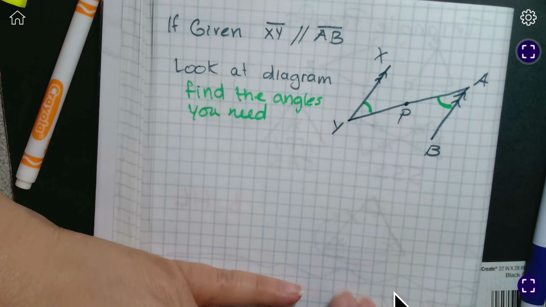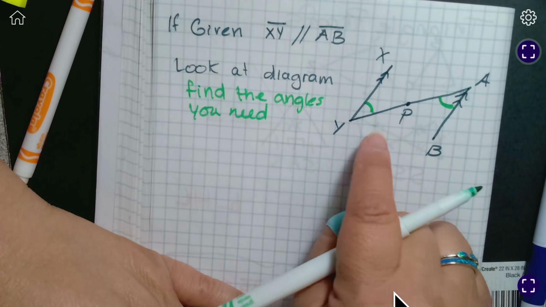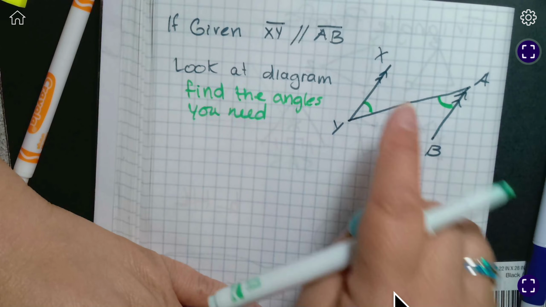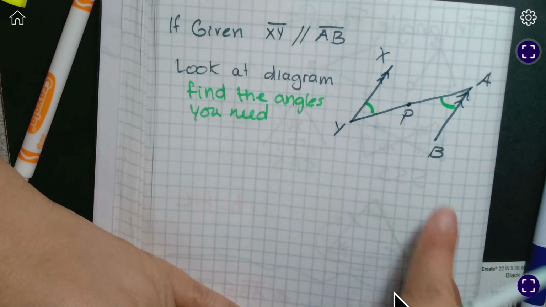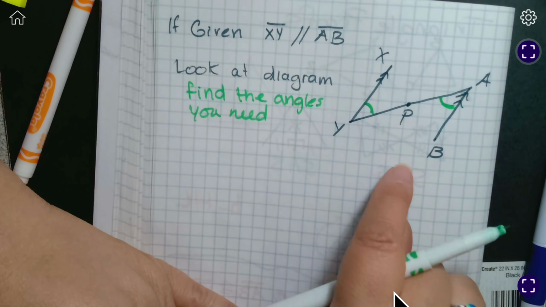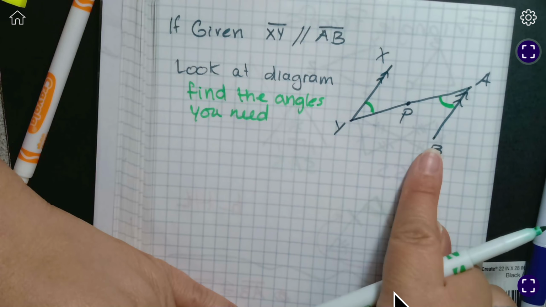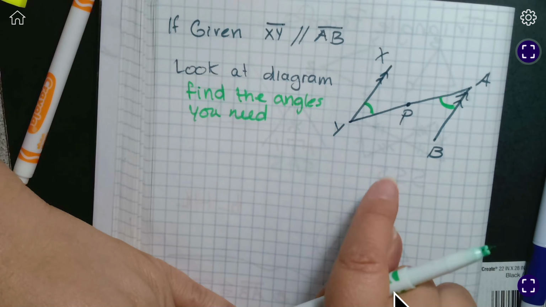You have to find either these ones, or if it's going this way, you have to find them. If you need help identifying those, please let me know. We'll do some. You have notes on this in your notebook, a whole list of these.